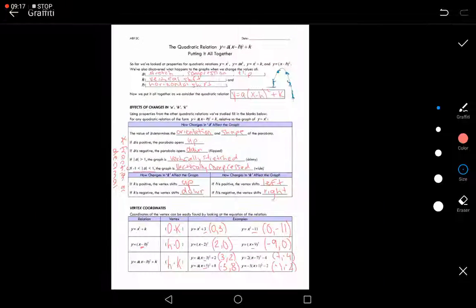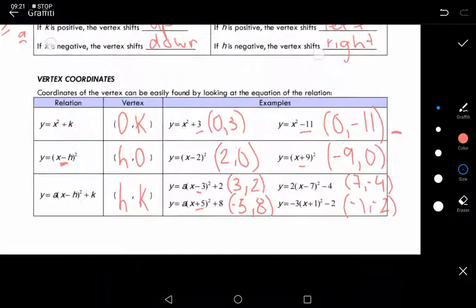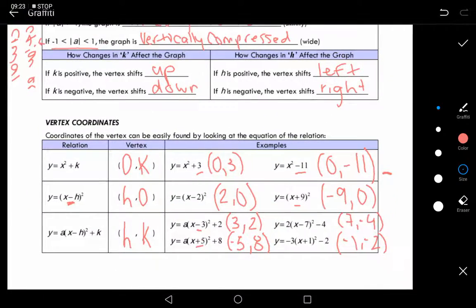So again, you might just want to make yourself a note. I don't have a whole lot of room, but I can try to do it at the bottom here. So H has the opposite sign. Okay, and that's going to be important.